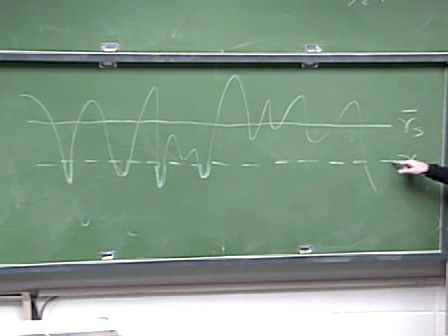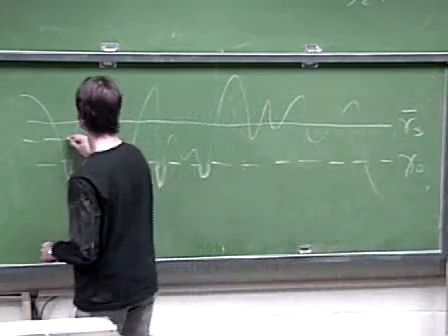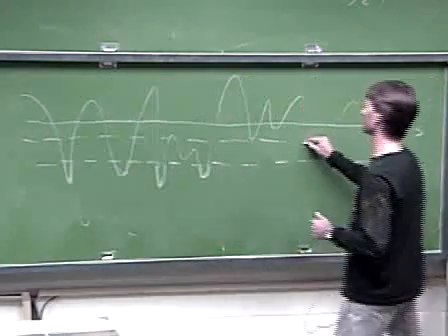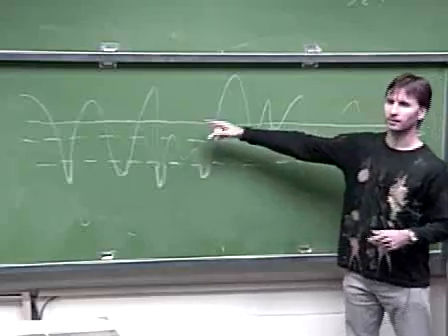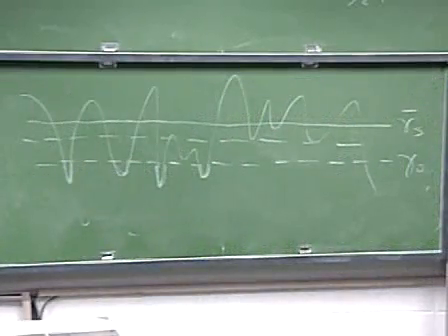Now, if we increase gamma 0, things get worse. For example, if I put gamma 0 here, it's clear that I'm below gamma 0 more often than before, so P out is going to increase. So you can easily see the dependencies of the outage on gamma 0 and gamma S bar.